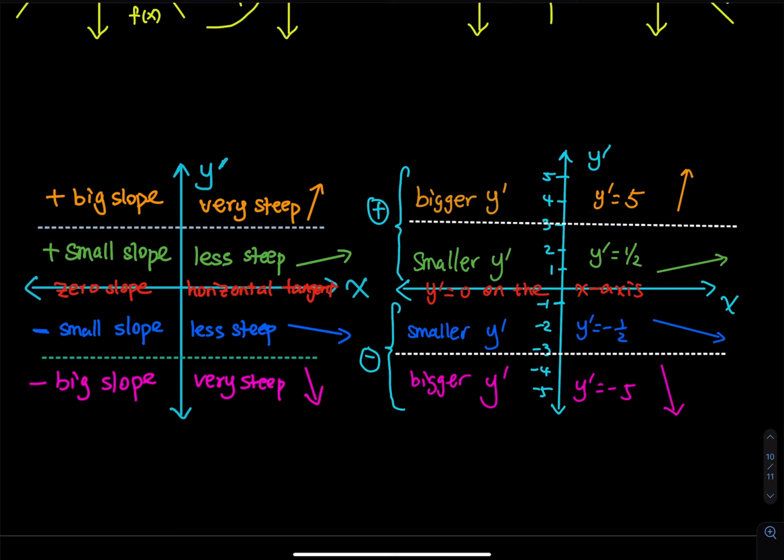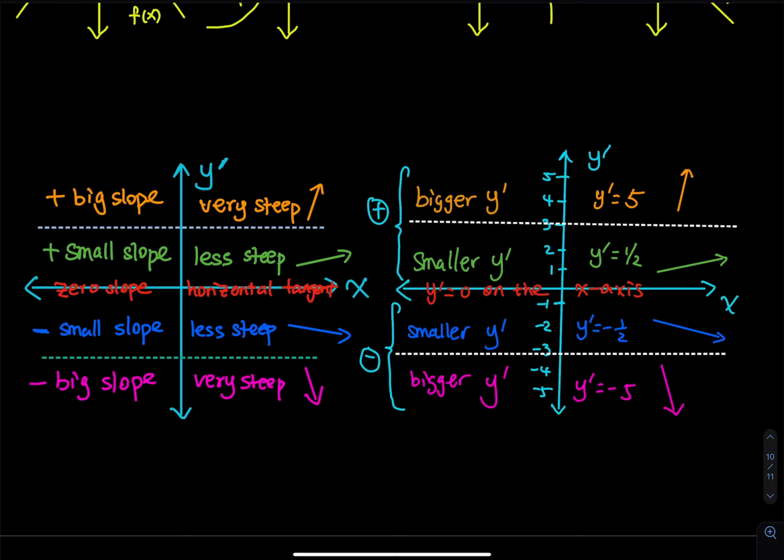For the regions closer to the x-axis, we have a smaller y prime. Big y prime means we have a big slope, like slope equals 5, that is very steep. And then smaller y prime, we have slope equals 1/2, that is less steep compared to slope equals 5. And then on the x-axis, that is y prime equals 0. That means we have a horizontal tangent line.